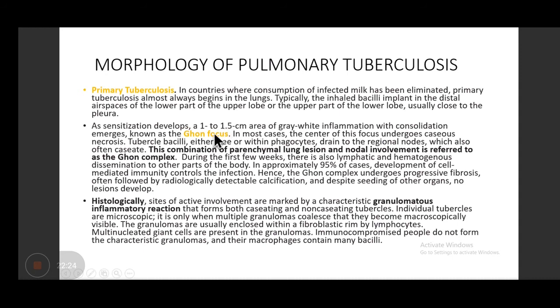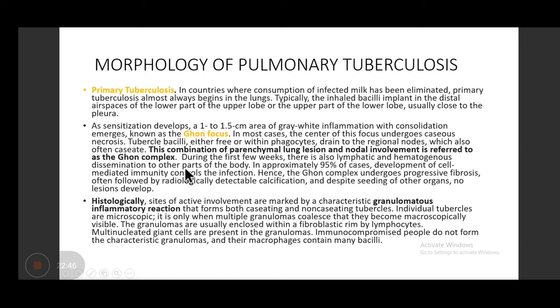This combination of the parenchymal lung lesion called Ghon's focus with your nodal involvement is referred to as Ghon's complex. And if this Ghon's complex undergoes calcification and fibrosis, it's called Ranke's complex, right? And the question for you is, what is Simon's focus? So that's the question for you.